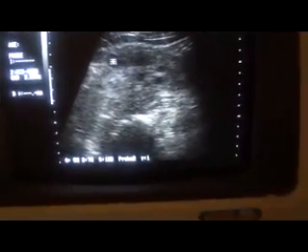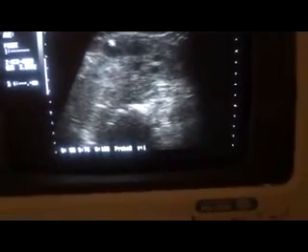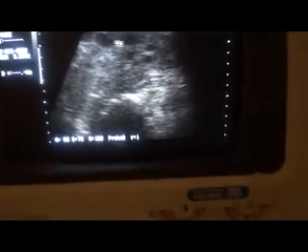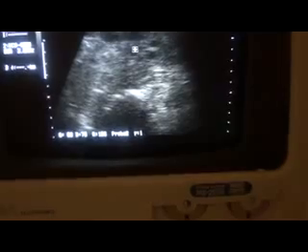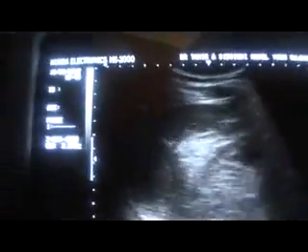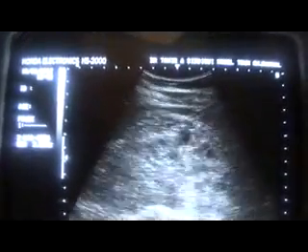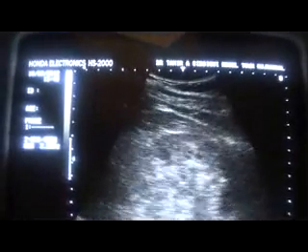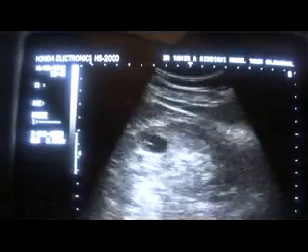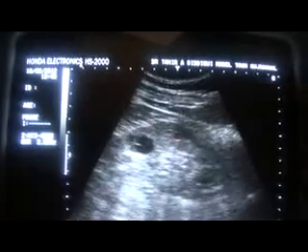So these cysts are well outlined. They do not communicate with each other, and you will also see that the parenchymal thickness is normal. In the mid region, again you can see a number of cysts varying in size.